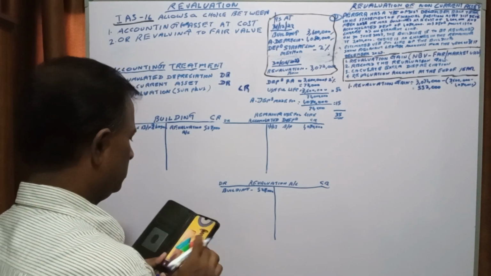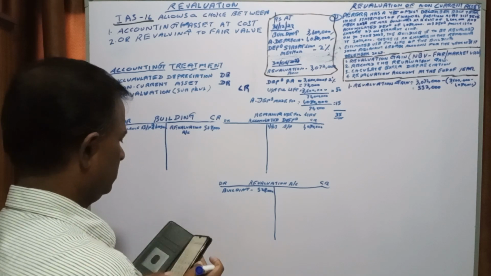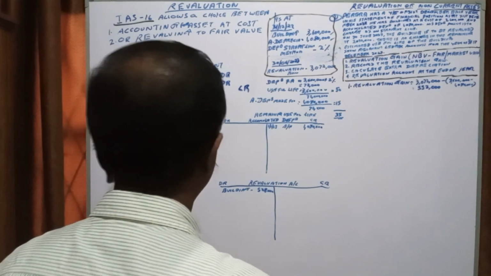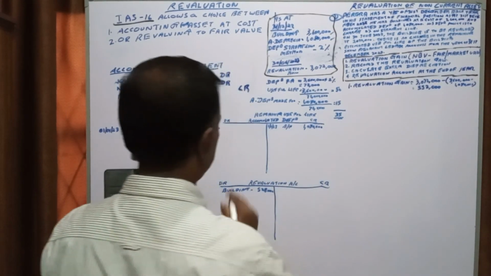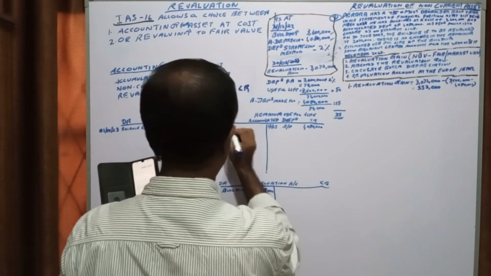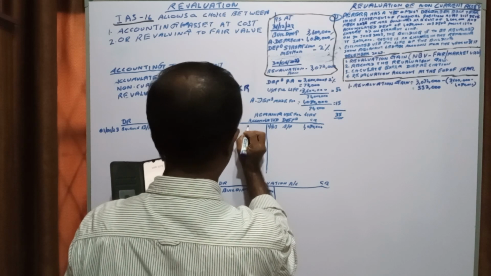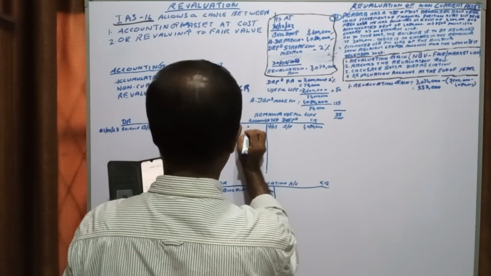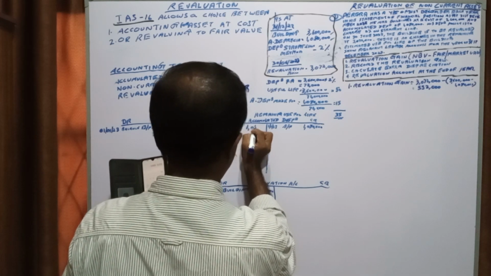Right. Then what is happening? We have to transfer the accumulated depreciation to the revaluation account. 1,080,000.